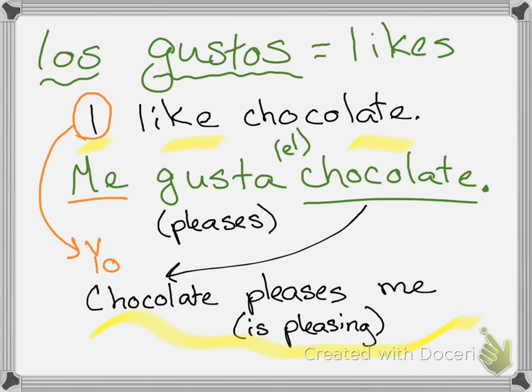So what does this mean? Let's make this simple and easy for you to express. You might just need to memorize a little bit of vocabulary. So let's look at this vocabulary. We have me gusta.